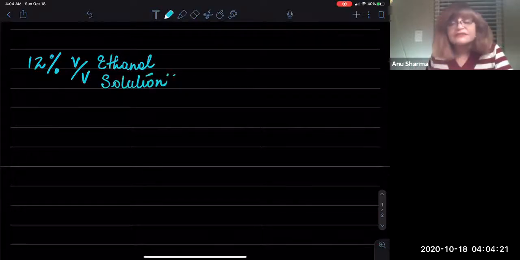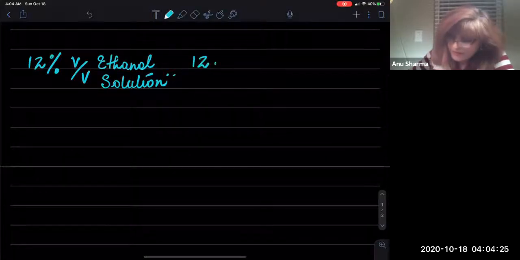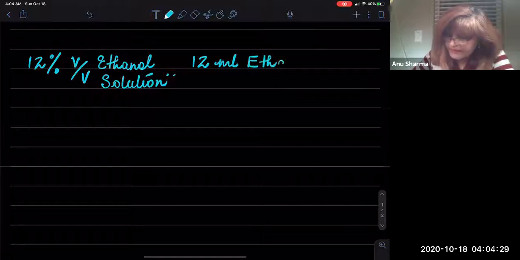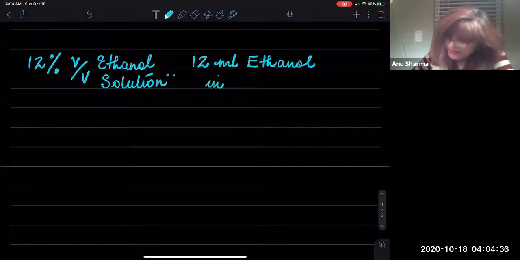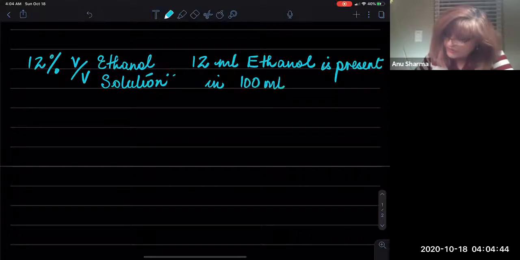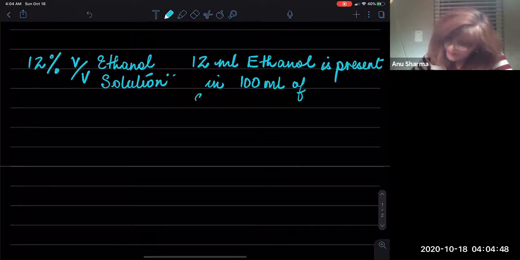Okay, so what does this mean? This means that 12 milliliters of ethanol, that's ethyl alcohol, is present in 100 milliliters of ethanol solution.